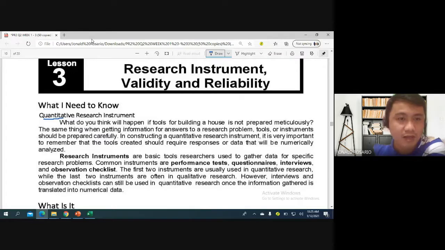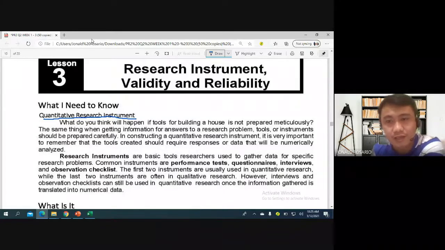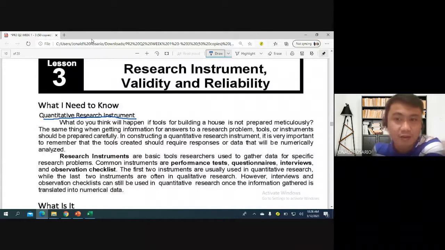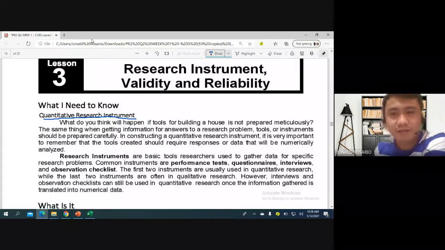Ano ba yung mga quantitative research instruments na pwede nating gamitin? According to this, what do you think will happen if tools for building a house is not prepared meticulously? Ano-ano daw yung mangyayari sa pagtatayo ng isang bahay kung hindi natin na-prepare ng maayos yung tools na gagamitin, 'di ba?